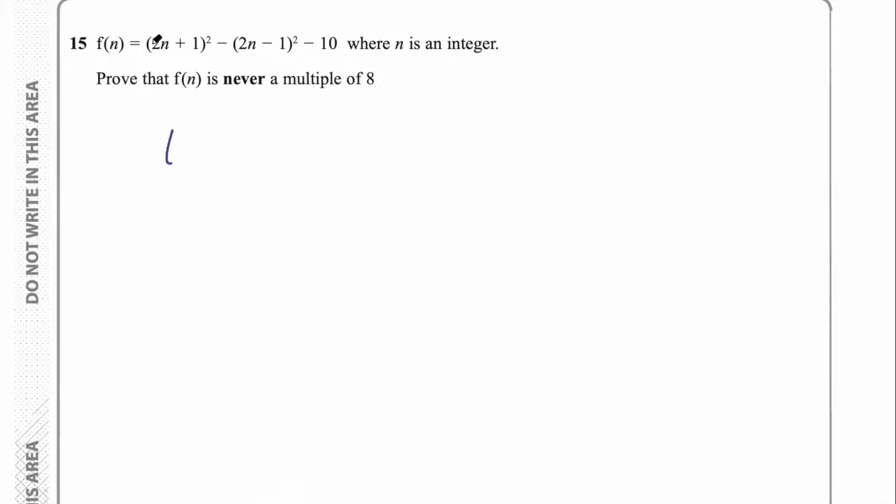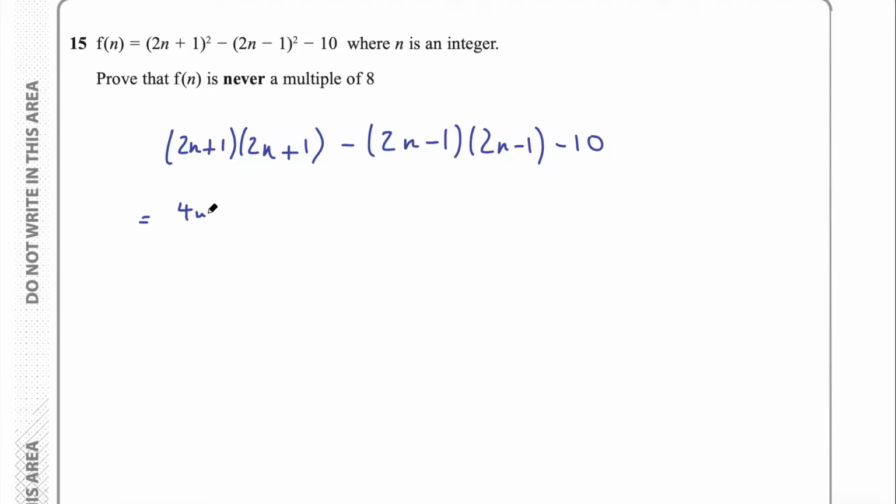So the first thing I want to do is expand out these brackets, and I'm going to write those as double brackets first, and then expand them out. So this is going to be (2n plus 1) times (2n plus 1) minus (2n minus 1) times (2n minus 1) minus 10. Firsts, 4n squared, outers plus 2n, inners plus 2n, and lasts plus 1.